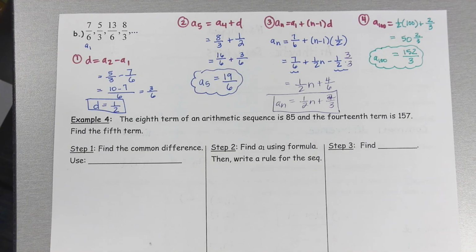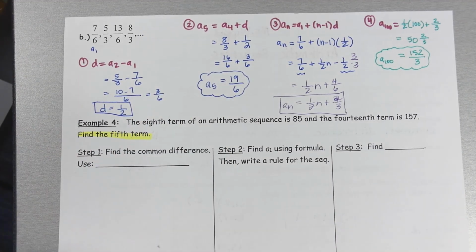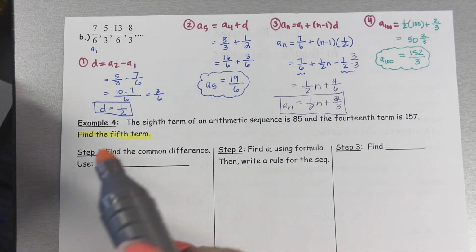Okay. For example 4, you need to find the 5th term, and you are given the 8th term and the 14th term. I wrote this out the way that your book does it, but there's more than one way to do this, and the way that the book does it is kind of long, to be honest.